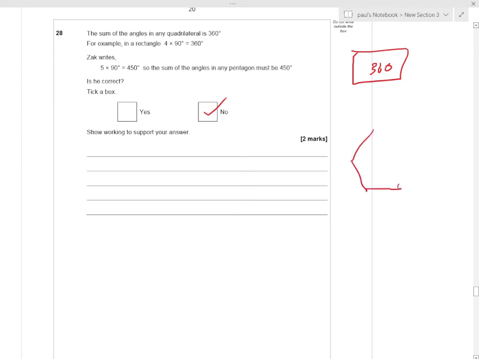So what we need is to find out the sum of angles in polygons. Polygons are many-sided shapes.